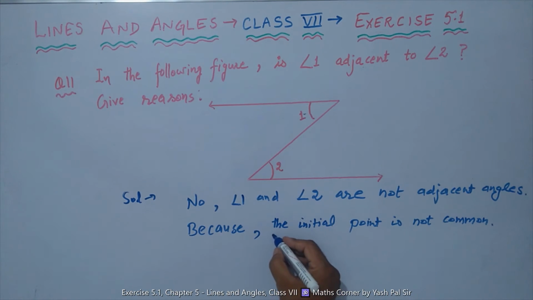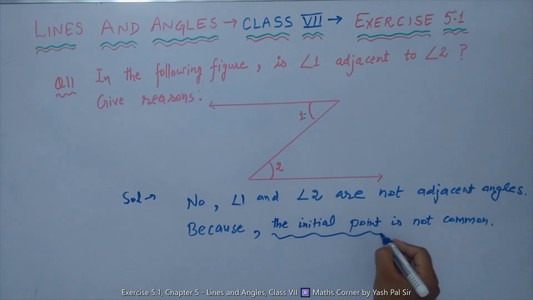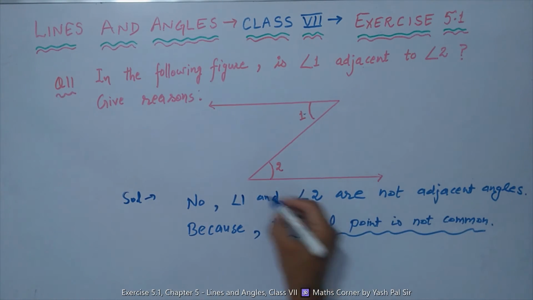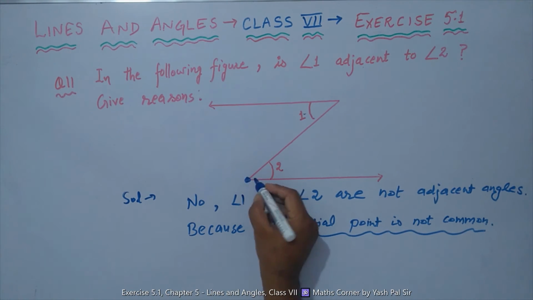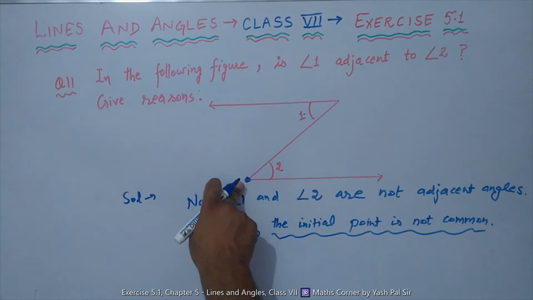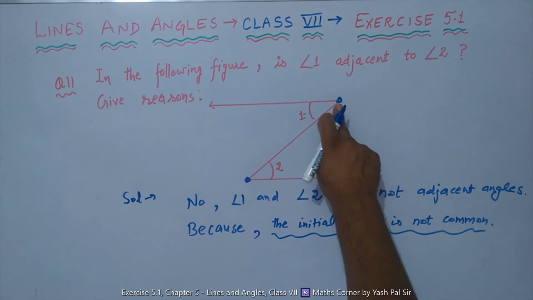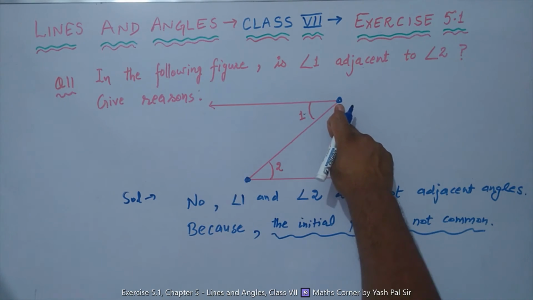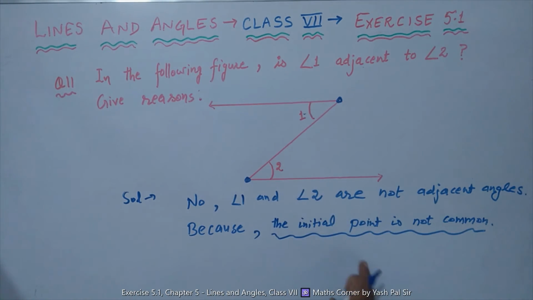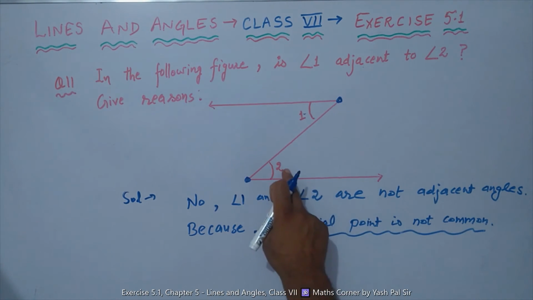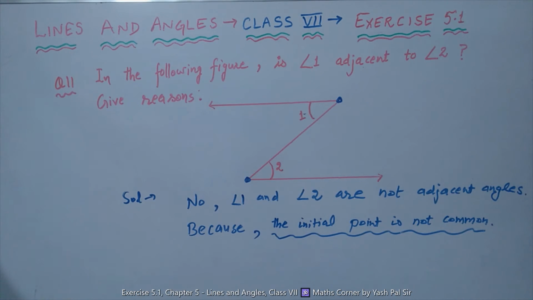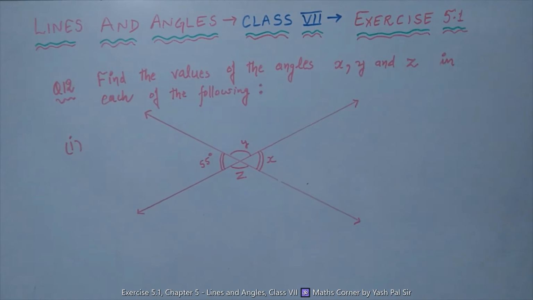So this is the very first important point which should be there. Here initial point is this, and for angle 1 initial point is this. So these 2 points are different points, indicating that these 2 angles are not adjacent angles.